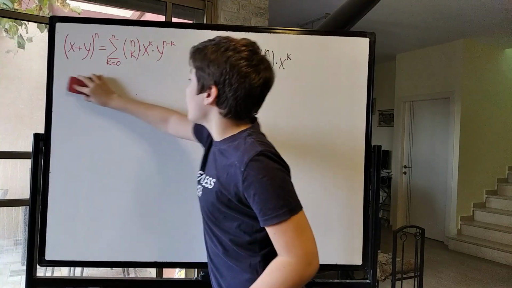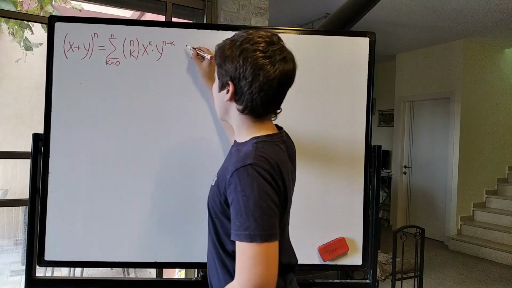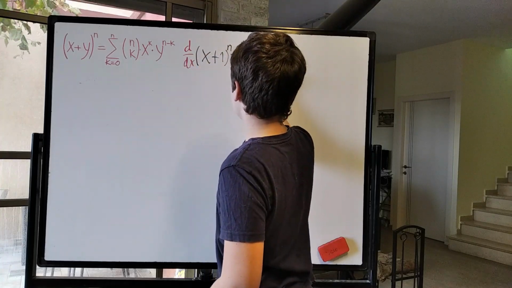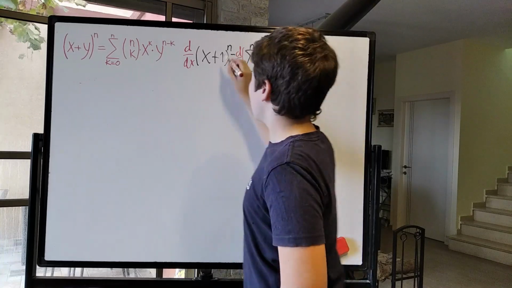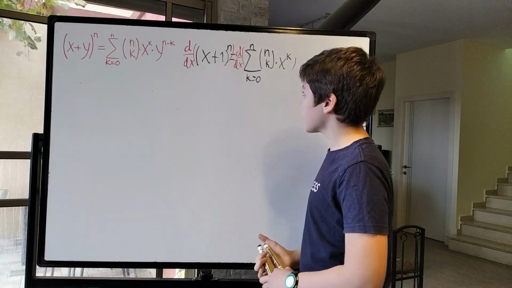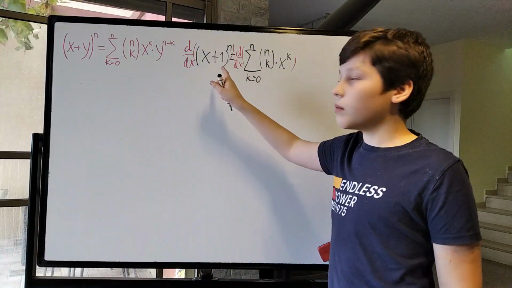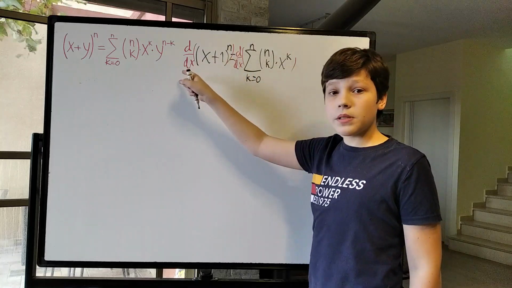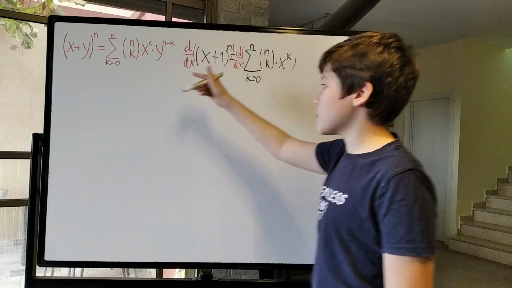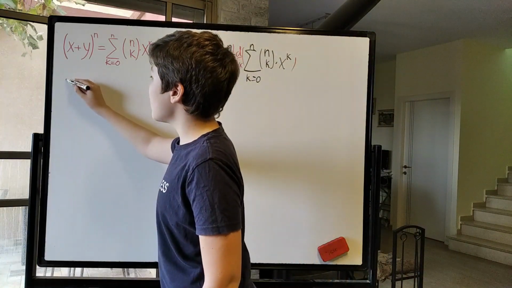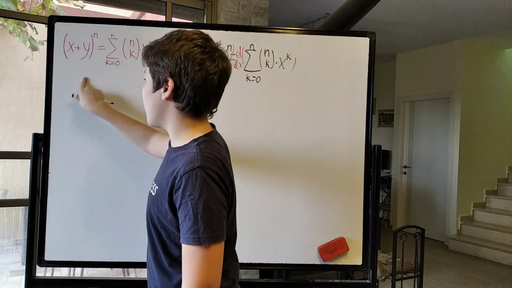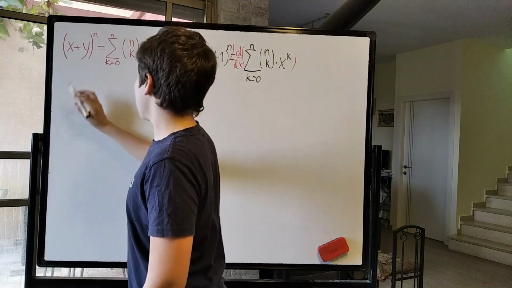So, if we take the derivative, we'll have d/dx on both sides. And what we'll get is, by the chain rule, n hops to the front, and we erase 1 from it. So we'll have n times (x + 1)^(n-1), and then times the derivative of the inside. That's just 1. Derivative of x + 1 is 1.